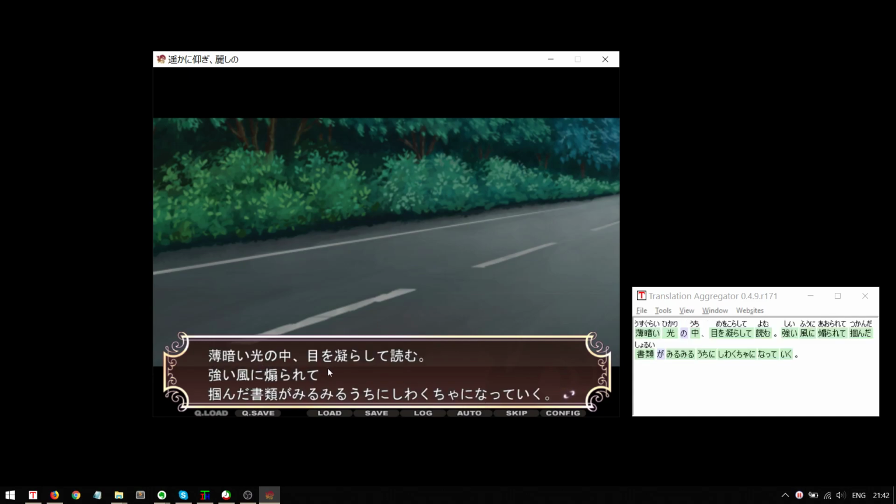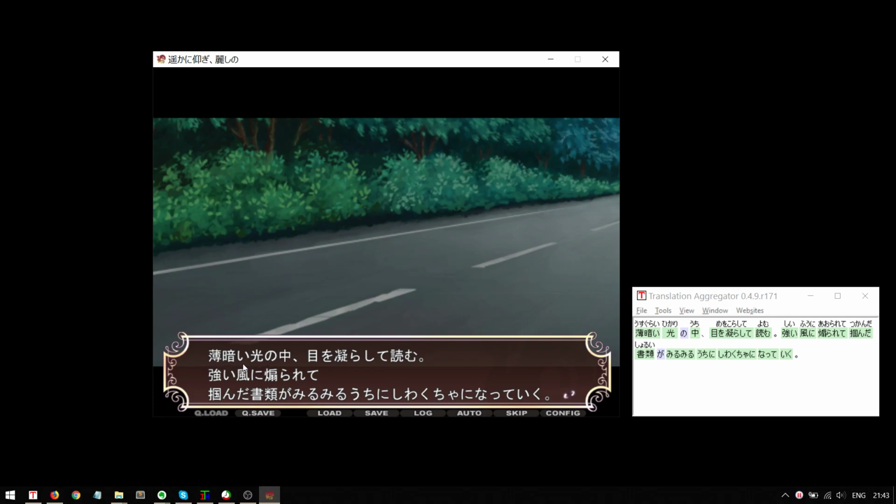薄暗い光の中目を凝らして読む。強い風に煽られて掴んだ書類がみるみるうちにしわくちゃになっていく。So 薄暗い means pretty dark.